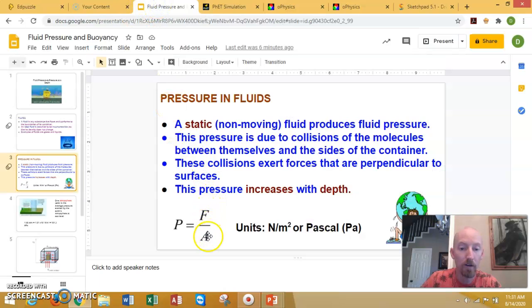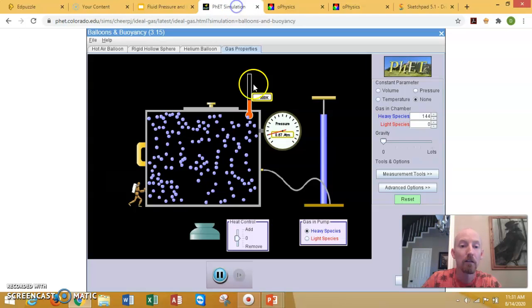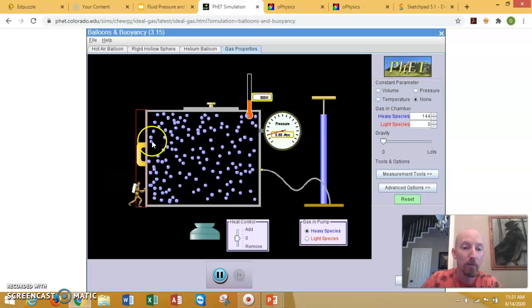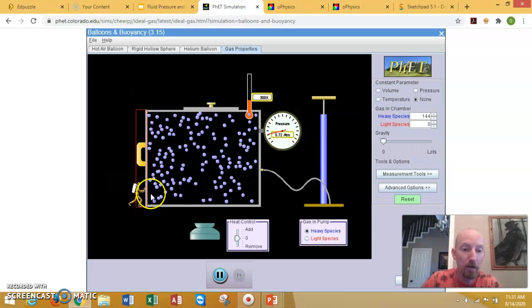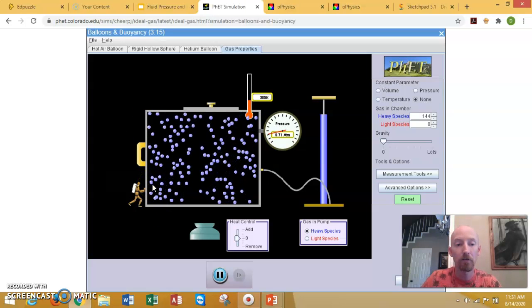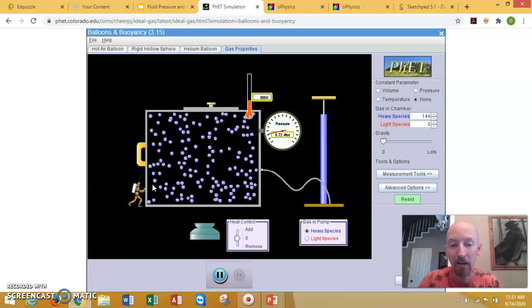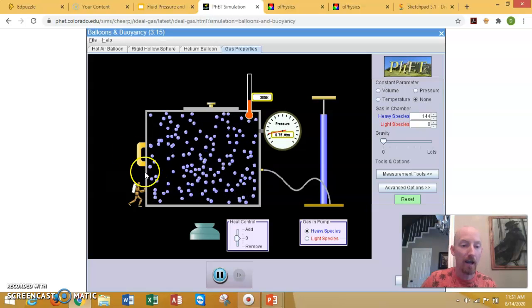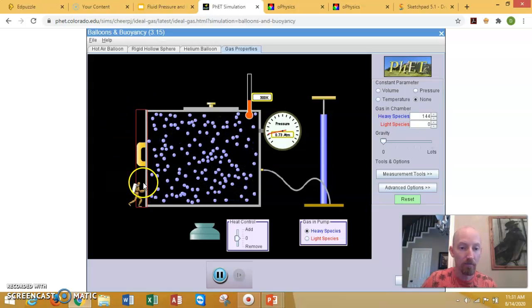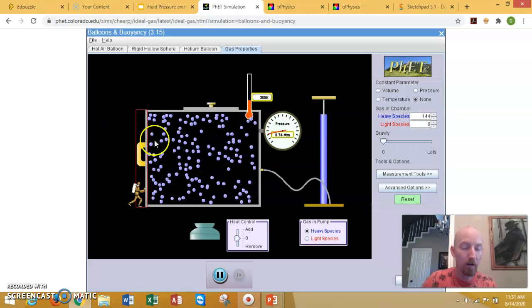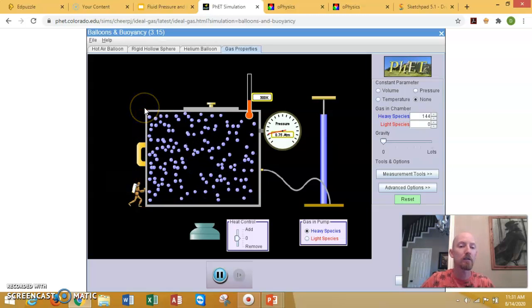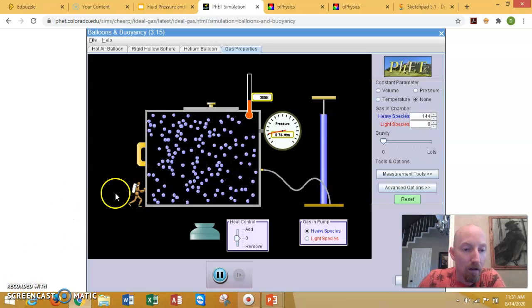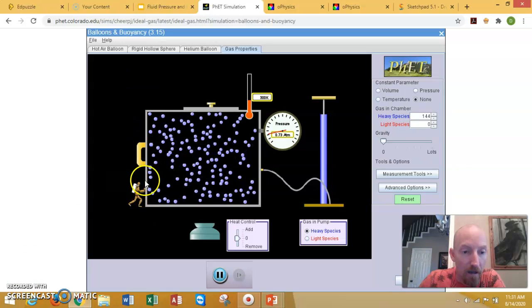Pressure is force divided by area, right? So, if you have a bunch of forces acting on a particular area, you take all those little forces, you can add them up. You can get like the average force acting on a side here, right? So we can take all of the collisions acting on this side.